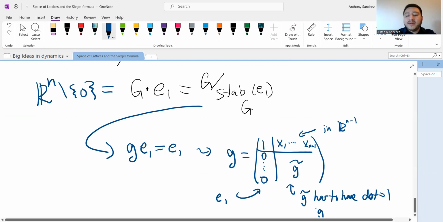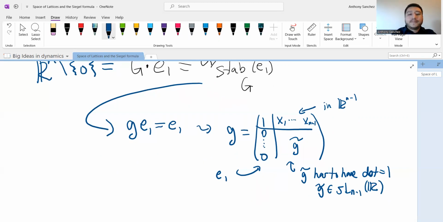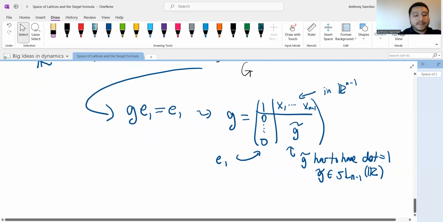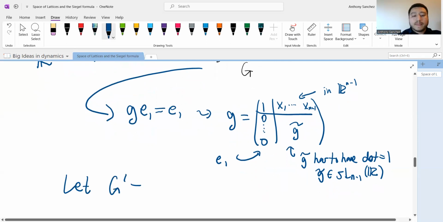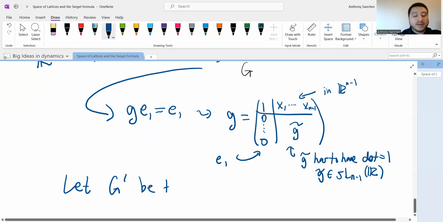That is to say that g tilde has to be inside of SL(n-1)(R). All right. And so let me denote the stabilizer by G prime.